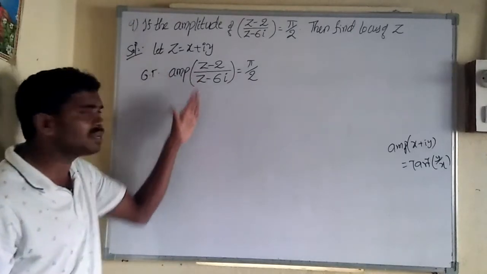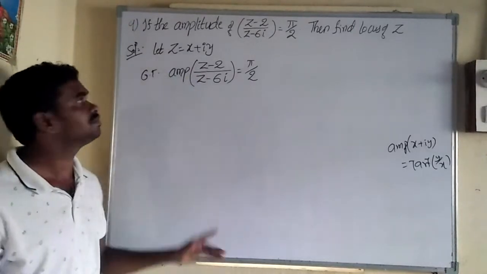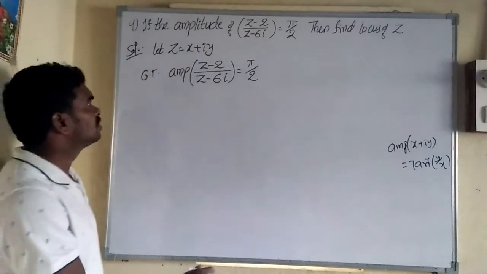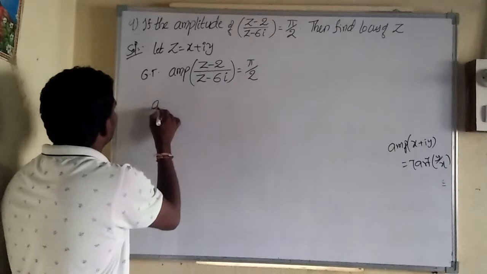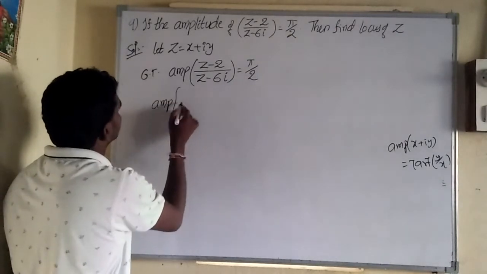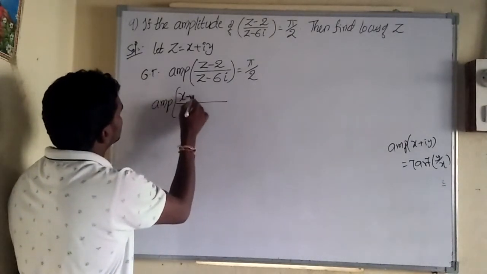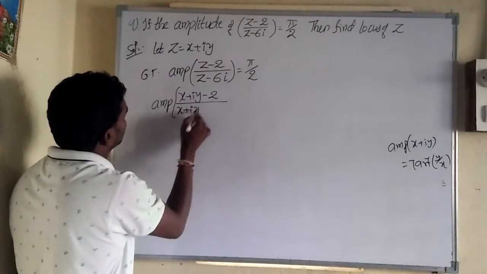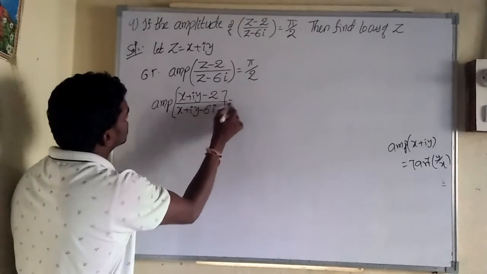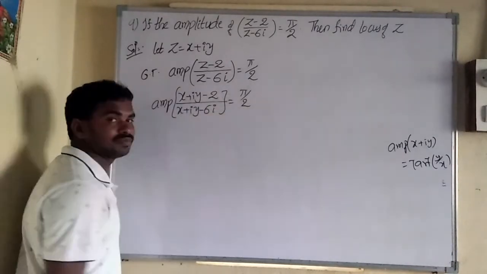First of all, let us simplify. z means x plus iy. So the amplitude of (x plus iy minus 2) by (x plus iy minus 6i) is equal to pi by 2.